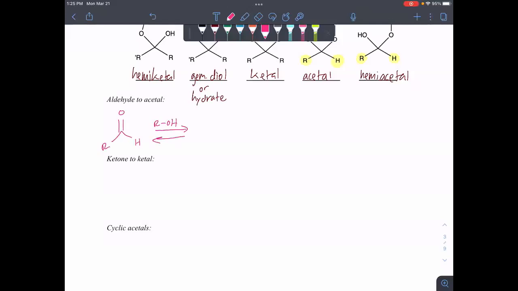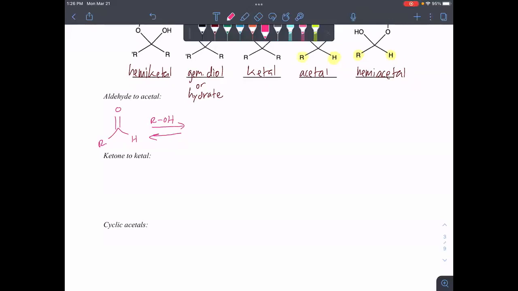So to go from an aldehyde to a full acetal, you need two reactions. You react with alcohol twice. So the step in between is going to be a hemiacetal. So this first reaction with an alcohol gives you a hemiacetal. This is any alcohol.